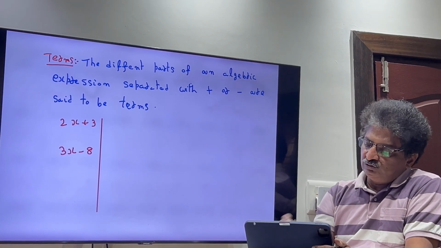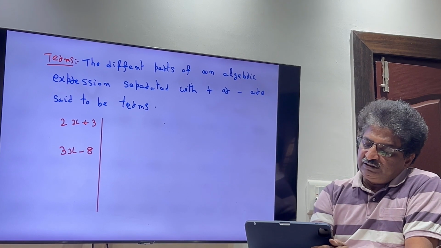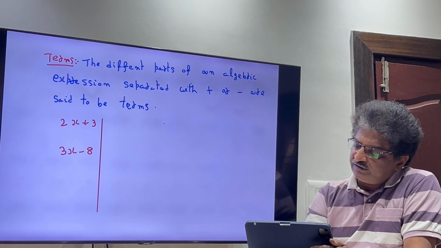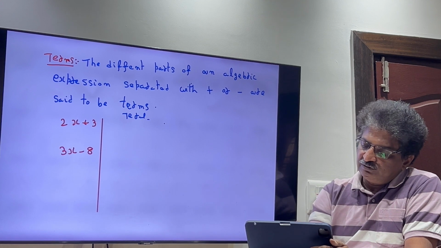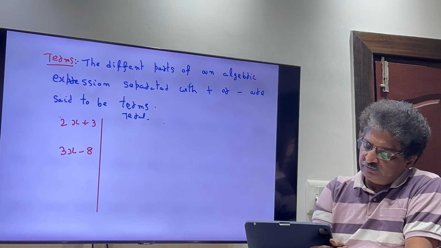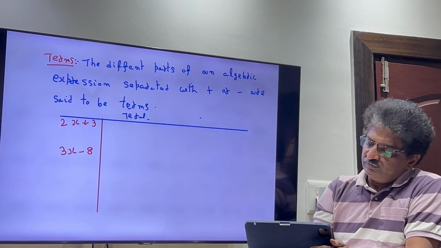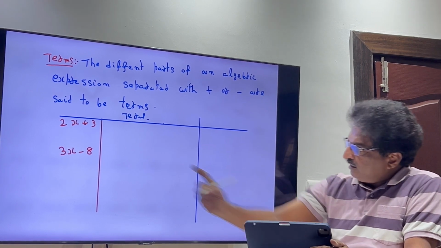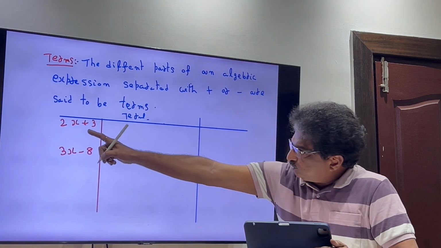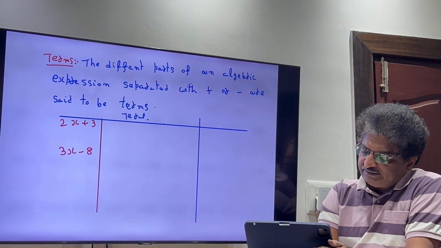So here, in the second column, if you take these as terms, in the first one, what are the two terms? 2x is one term and 3 is another term.